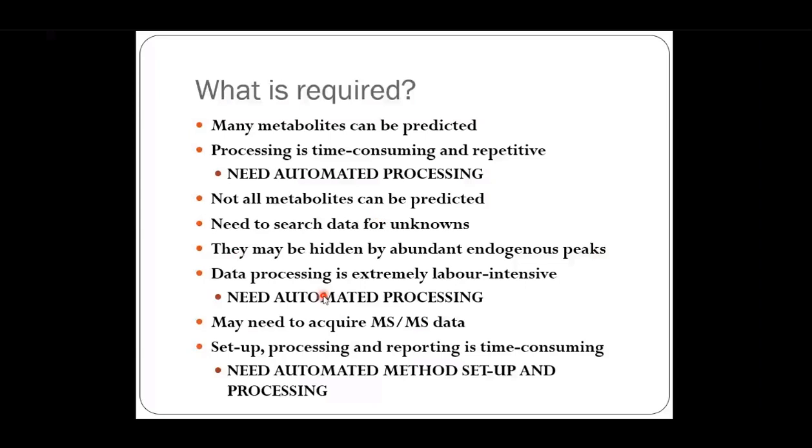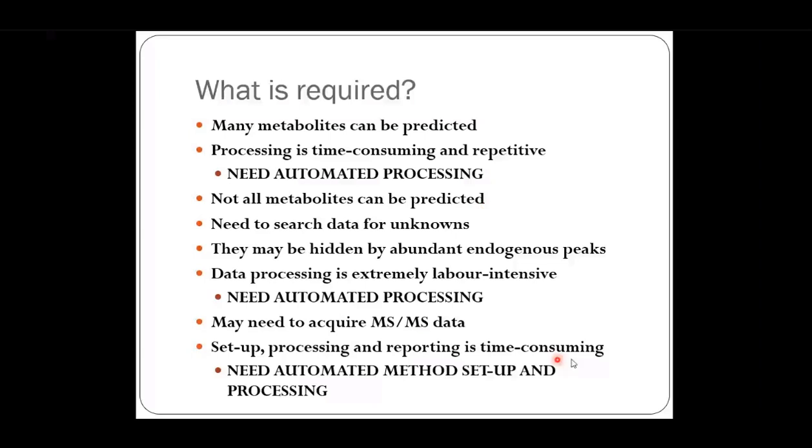So the research is going on in this direction, or whatever has happened, various softwares are available from various manufacturers for metabolite identification, and those can process the data very fast, and that reduces the drug discovery process time. You may need to acquire MSMS data, and setting up processing and reporting is time consuming, so there is a need for automated method setup and processing.